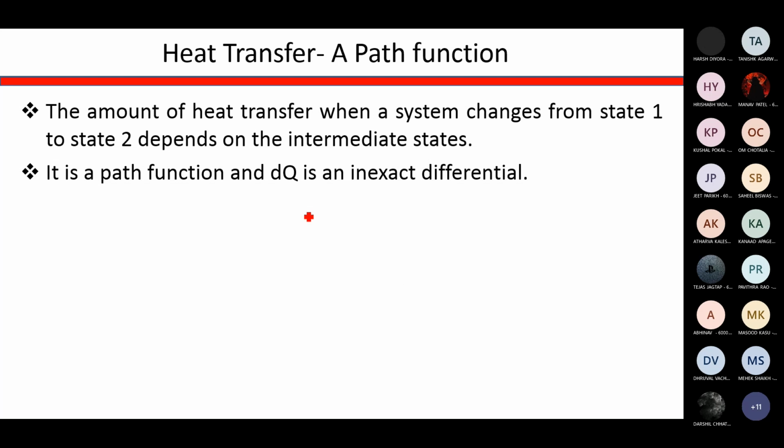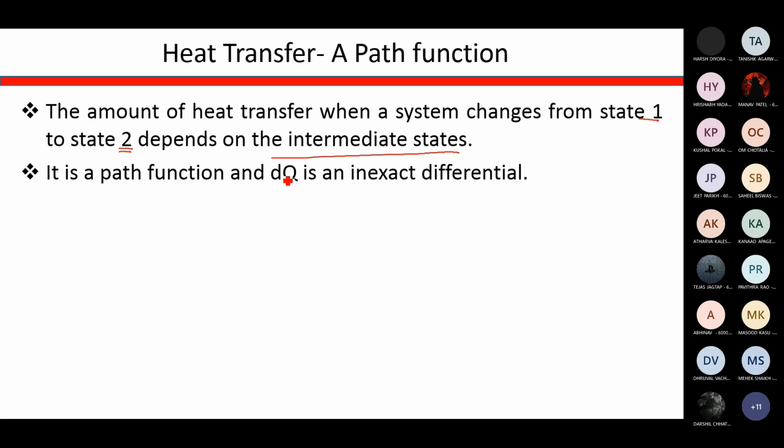Now heat transfer is a path function. Why is it a path function? The amount of heat transfer when a system changes from state 1 to state 2 depends on the intermediate states, meaning it depends on the path. So it is a path function.